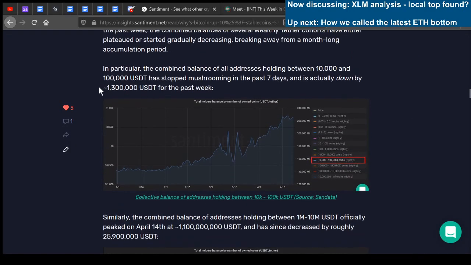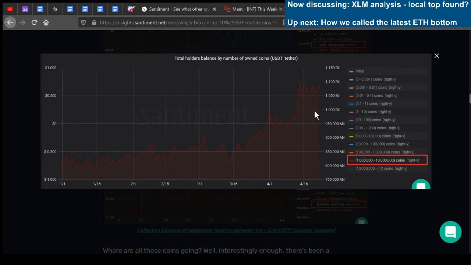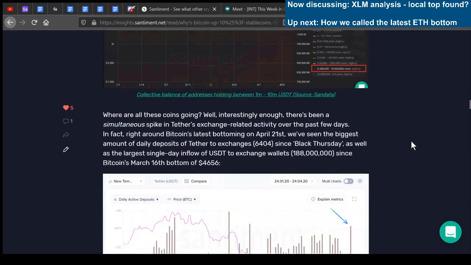I think it's gone down by about 1.3 million Tether over the past 6 days. And then the same sort of pattern has been appearing among bigger Tether whales. So these are addresses holding between 1 and 10 million Tether, which have also stopped accumulating here and have gone into a sort of consolidation mode themselves.